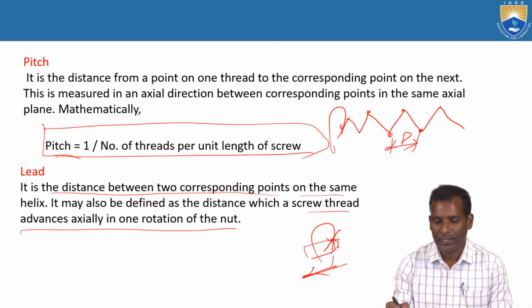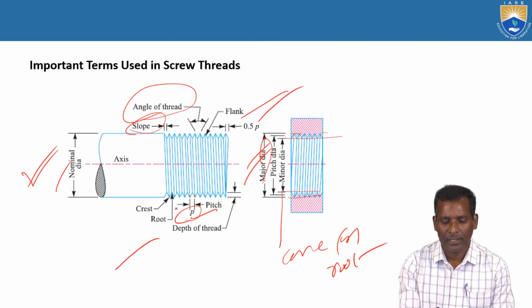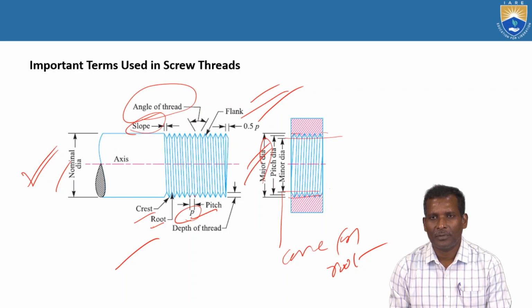In this diagram are shown the crest and root, and the flank, the surface joining the crest and root. That is called the flank.